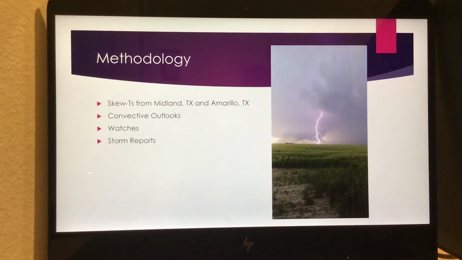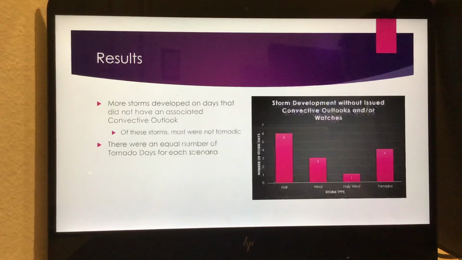And in general, I picked ones that had at least a few hundred joules per kilogram of CAPE. I also marked which days had convective outlooks and watches, and I also marked which days had storms. And what I found was actually pretty interesting.